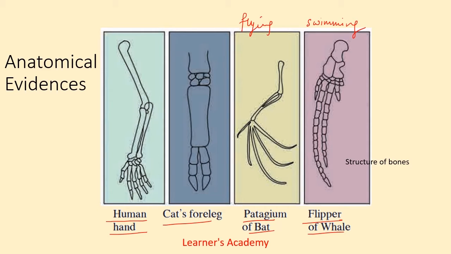Forelegs of cat are used for jumping. However, when you observe, there is a similarity in the structure of bone and bony joints. This similarity indicates that these animals may have a common ancestor, and this anatomical similarity in the structure of bone also supports the theory of evolution.